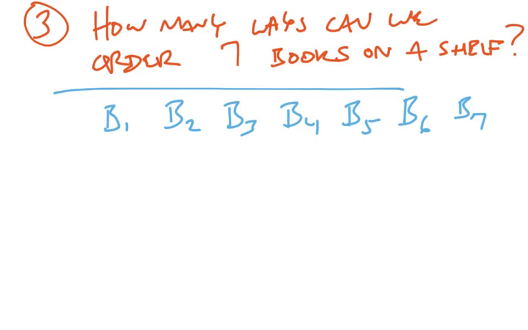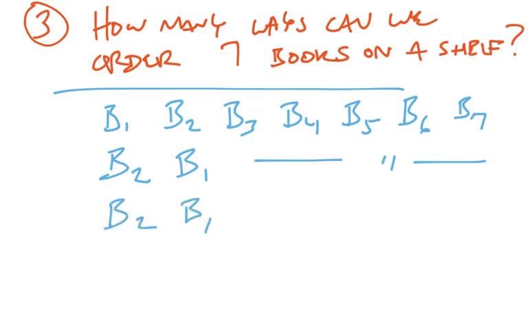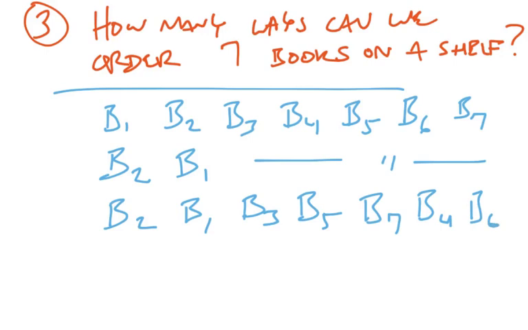And this is going to be a distinctly different ordering than if we put book 2 first, and then book 1, and kept all the others the same. And this is still going to be different from if we did book 2, then book 1, then book 3, then book 5, then book 7, then book 4, then book 6. These are all different orderings of the books on the shelf.